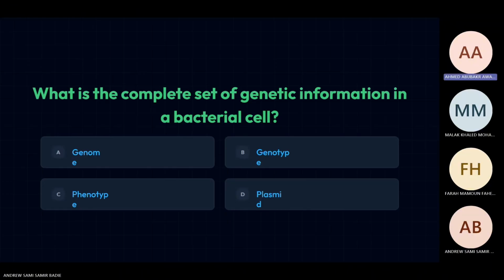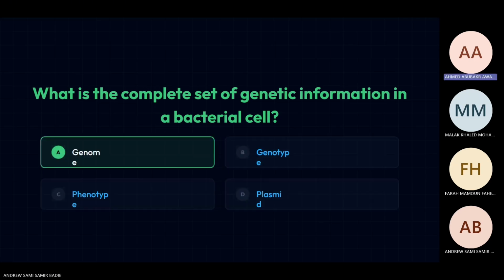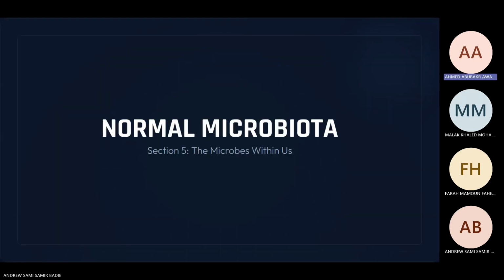Okay, so the correct answer is the genome. The genome, which is found in the nucleoid of the bacteria, carries out its essential functions for survival. Okay, so this is for this section, so let's move on to the normal microbiota.